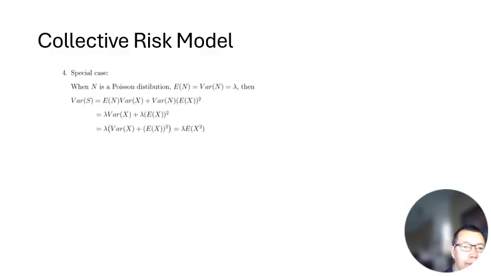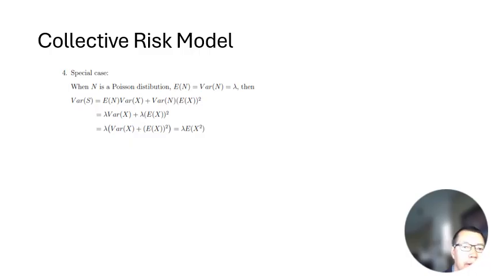And there's a special case where N is a Poisson distribution. E[N] will be equal to Var(N). The expected value of N is the same as the variance of N, equal to lambda. Then the variance of the aggregate loss S will be equal to: first we use the formula, then we put in lambda wherever it applies.